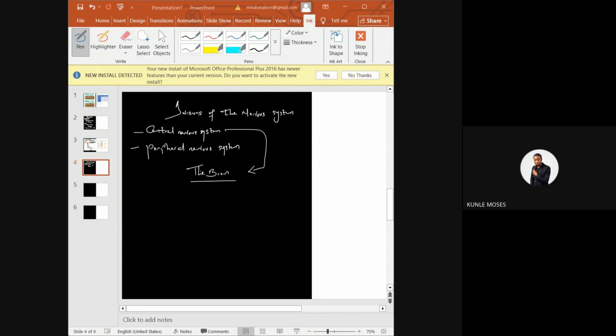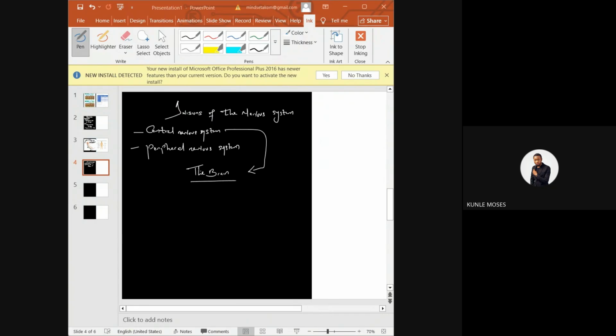I think the heart beats about 76 times per minute, or 72. So your heart beating, your breathing, your digestion, those are involuntary. The brain also controls that. The blinking of your eye, the jerking of your leg, sometimes the swinging of your hands. Your brain also helps to control these involuntary actions.